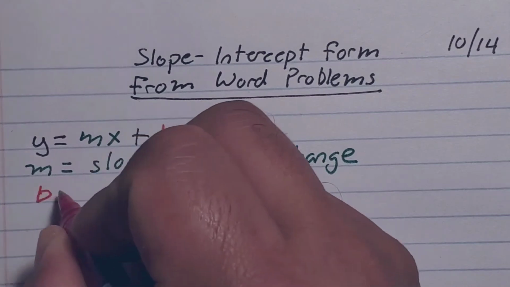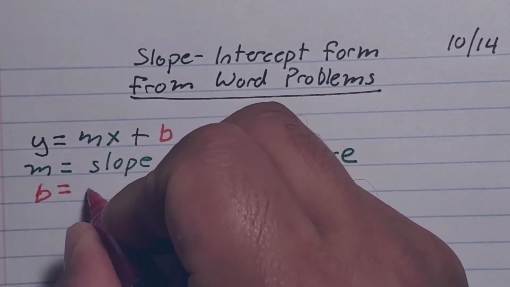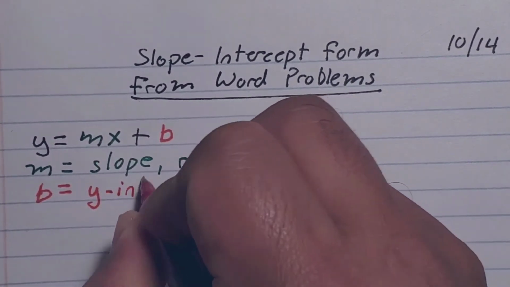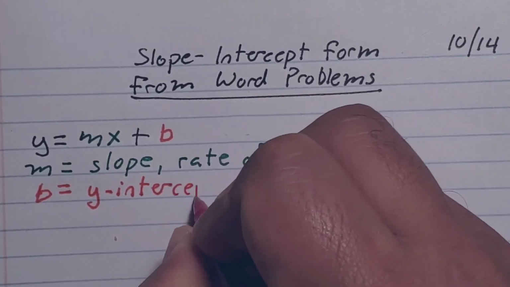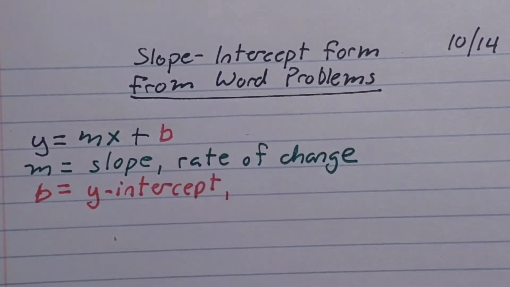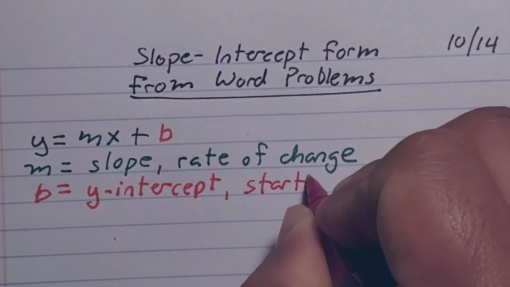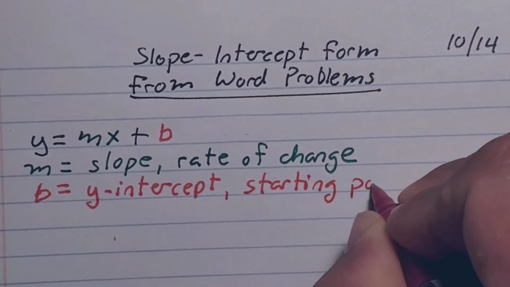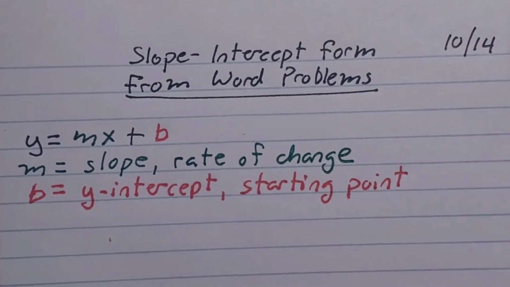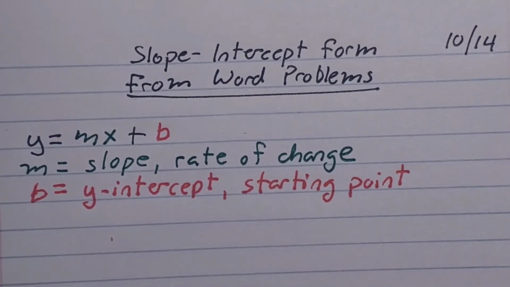Okay, b I'll have in red, and that equals the y-intercept. And what that really entails is the starting point of this equation in a graph.